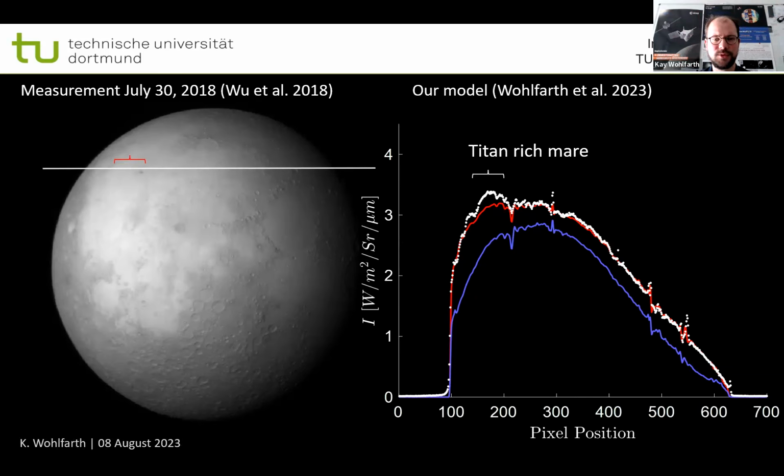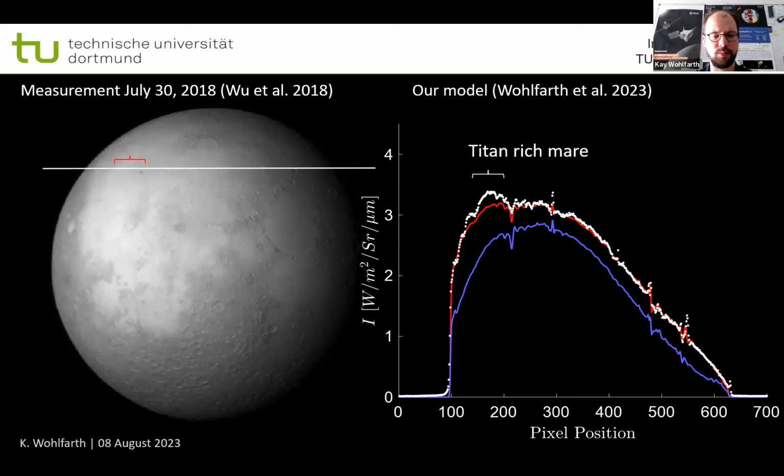So there seems to be some mismatch between the data and the model in titanium-rich regions, and my guess is that titanium-rich Mare regions are really dark, so they tend to become a little hotter.